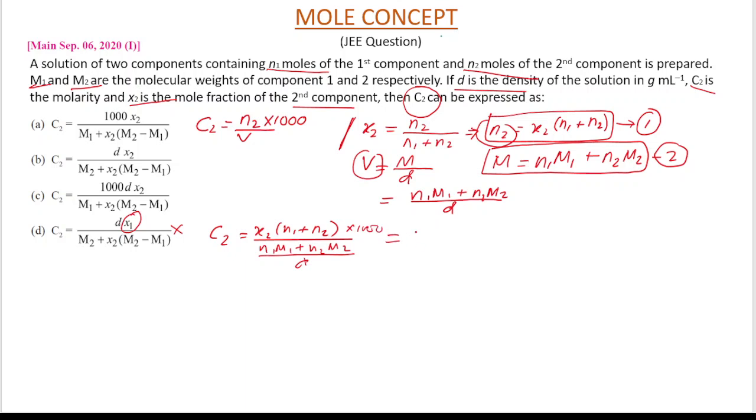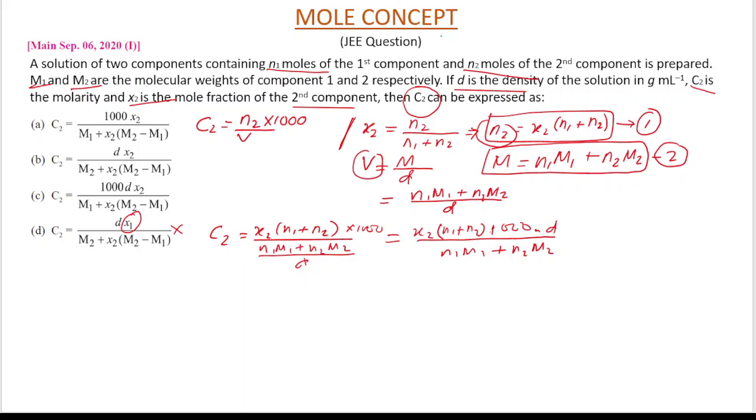Or we can write here x2 (n1 plus n2) into 1000 into d divided by (n1 m1 plus n2 m2).